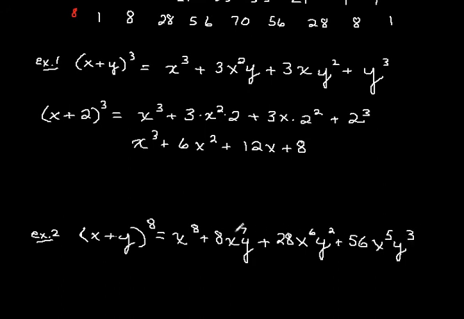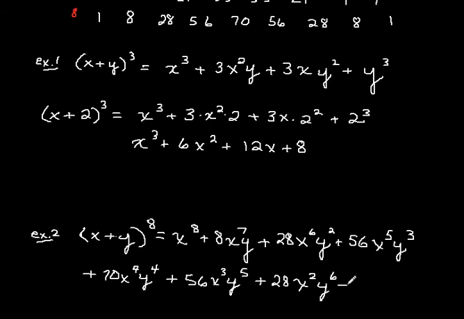You can see the x is decreasing, the y is increasing, running out of room. 56, now we're at 70, x to the 4th, y to the 4th, plus 56, x to the 3rd, y to the 5th, plus 28, x squared, y to the 6th, plus, go up there, get the 8, x, y to the 7th, plus y to the 8th.